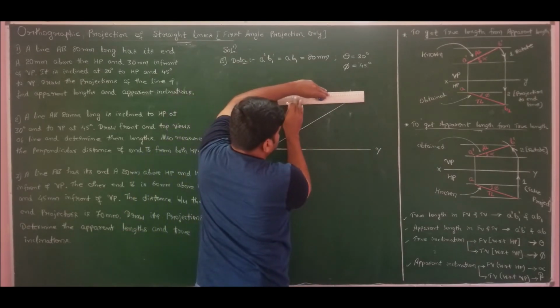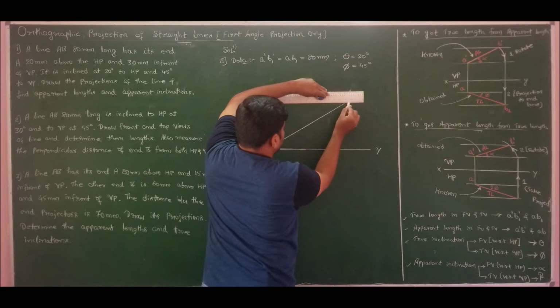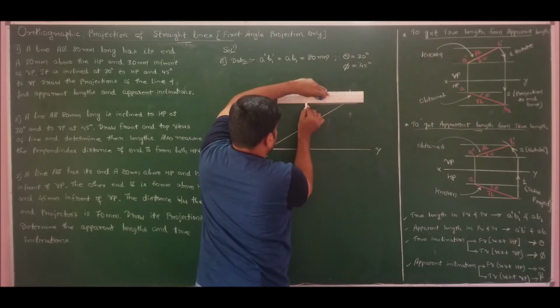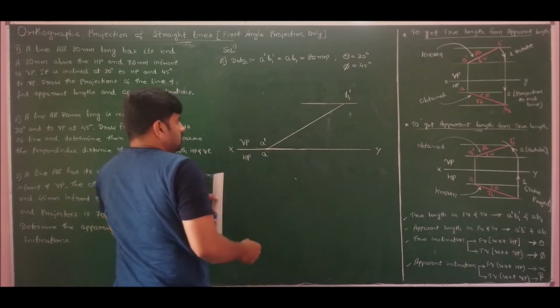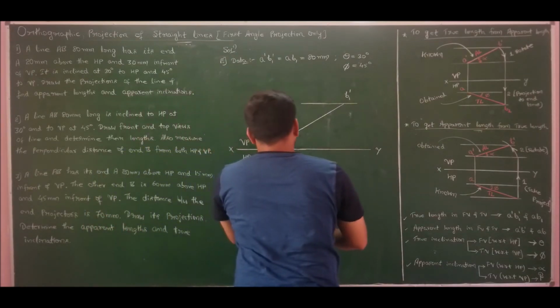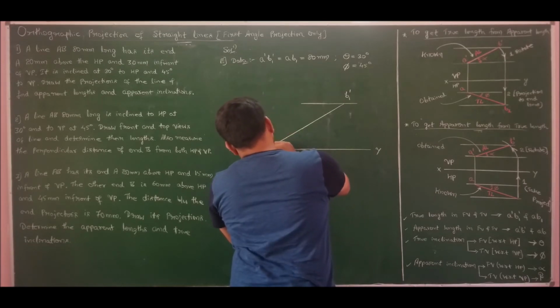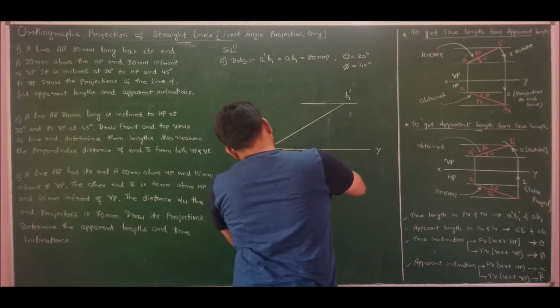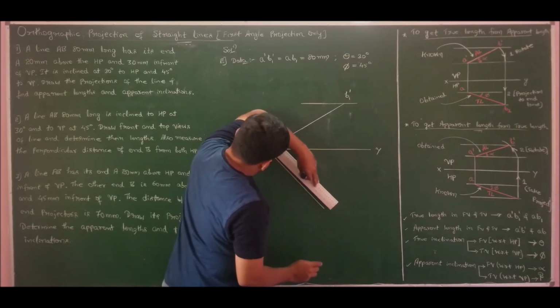Now I can fix the locus of B dash, or locus of B in front view. Here the inclination is 45 degrees and the line length is 80 mm. So draw the true length to the true inclination specified. Draw a very thin line because it is the true length.